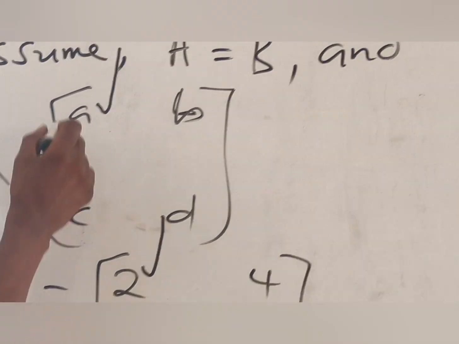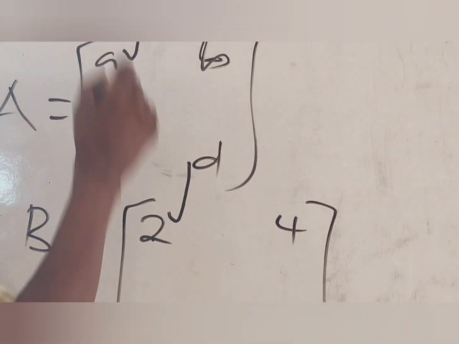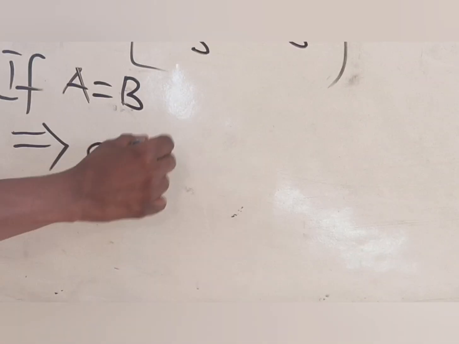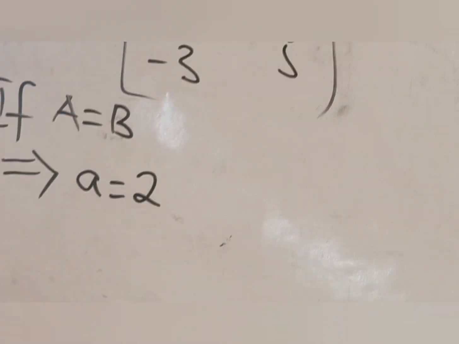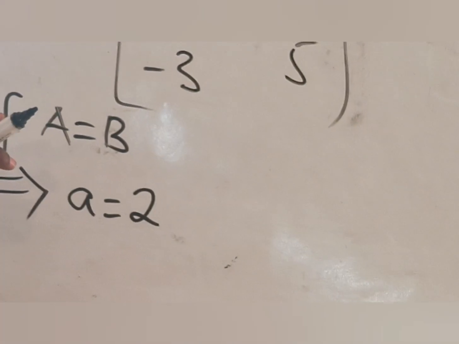So if this one is a and this one is 2, this a can be replaced with what? 2. So small a is 2. They can give you like this and say find the values of a, b, c, d. So this is what you do.